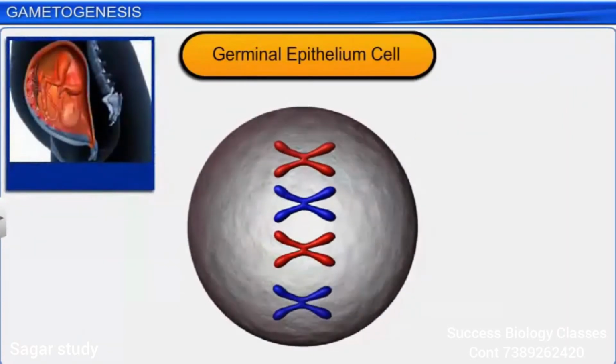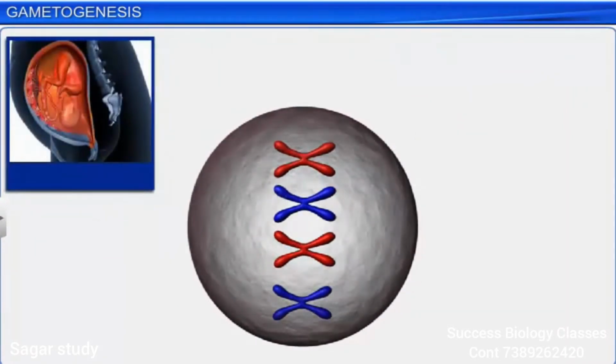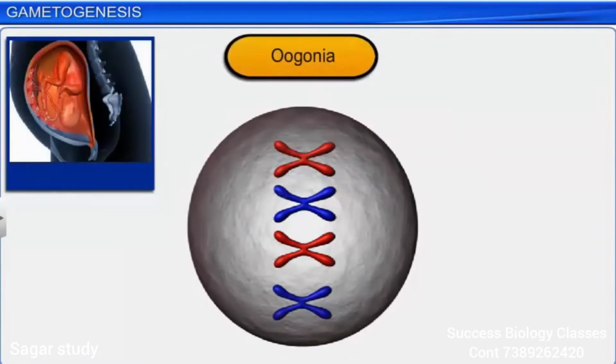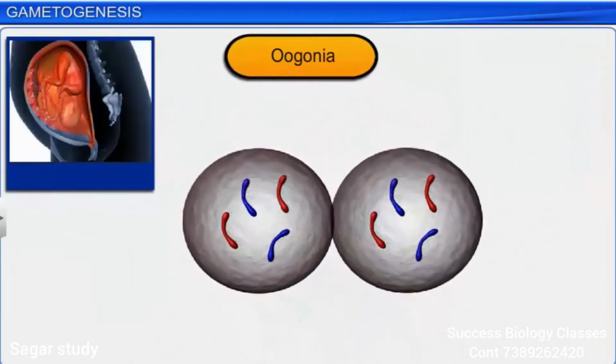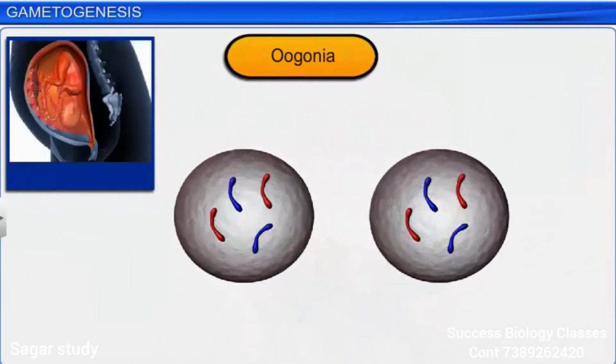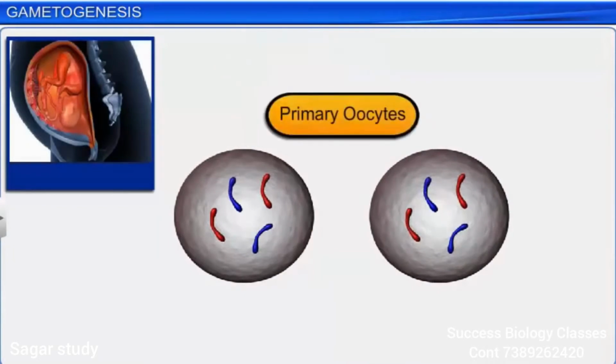When the germinal epithelium cells in the ovary of the fetus divide mitotically, they form gamete mother cells called oogonia. A few oogonia divide again to form 2 immature cells called primary oocytes.